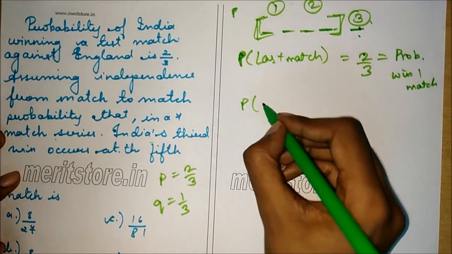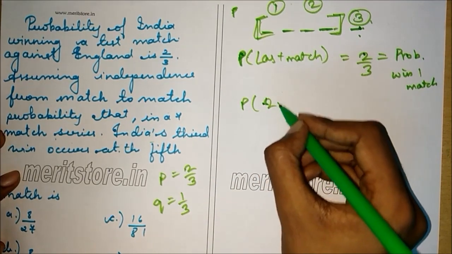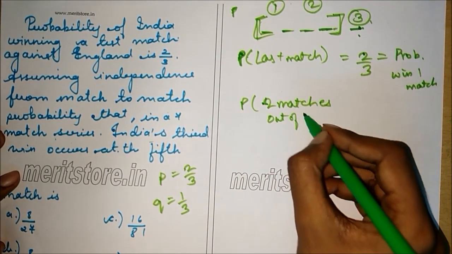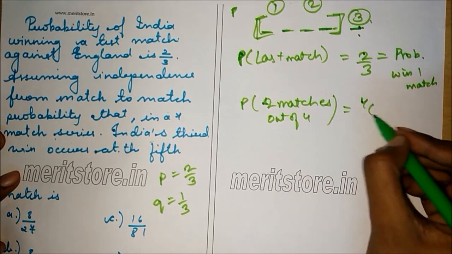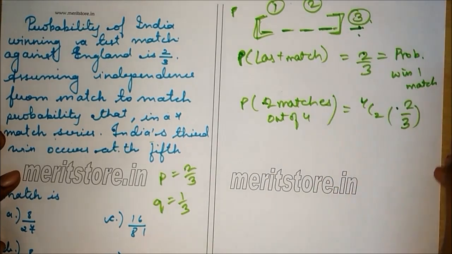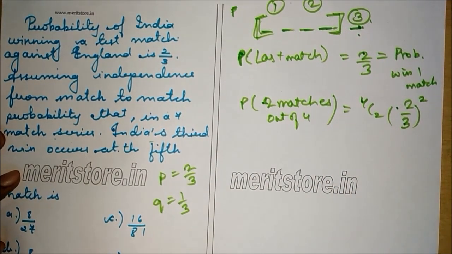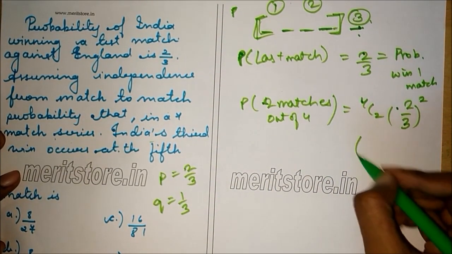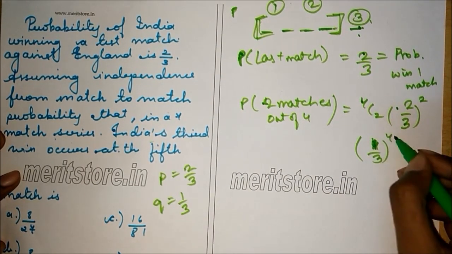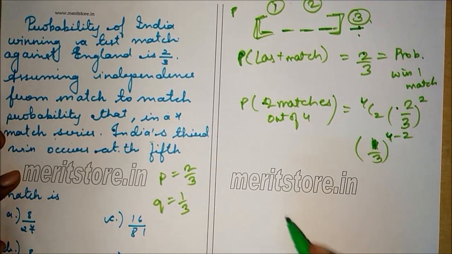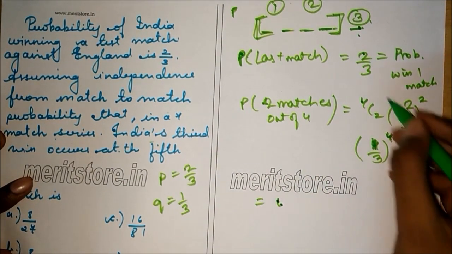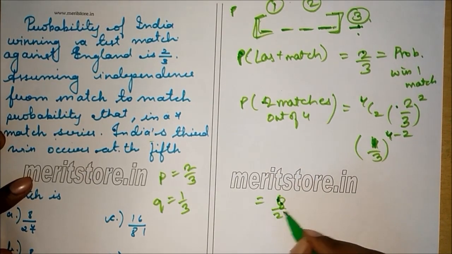And probability of winning two matches out of 4 is 4C2 P^2, that is winning 2 times and losing n minus 2 times, that is (1/3)^(4-2), that is 2. So the product will be 8 by 27.